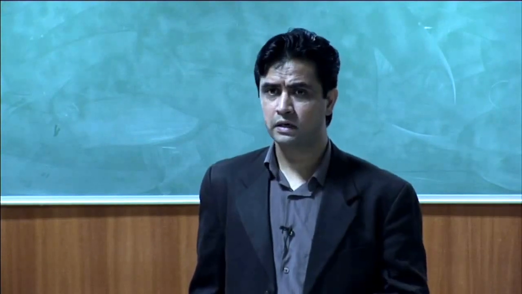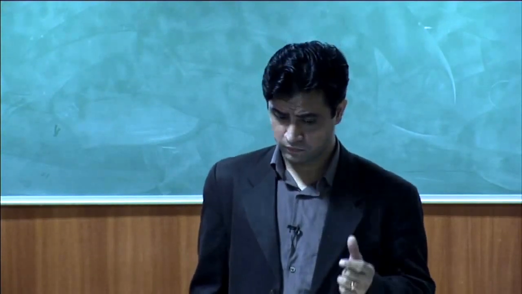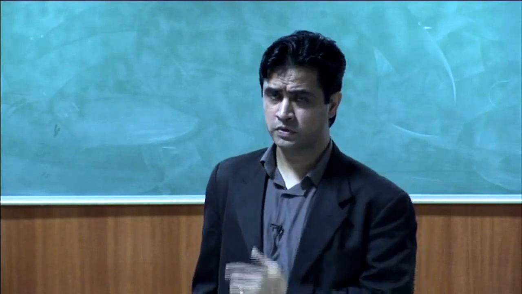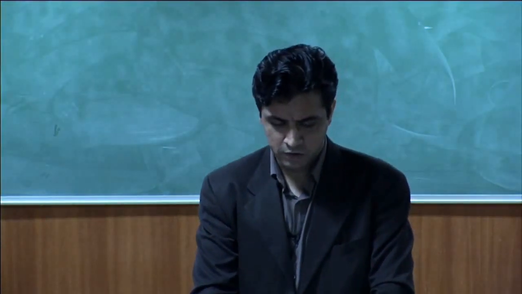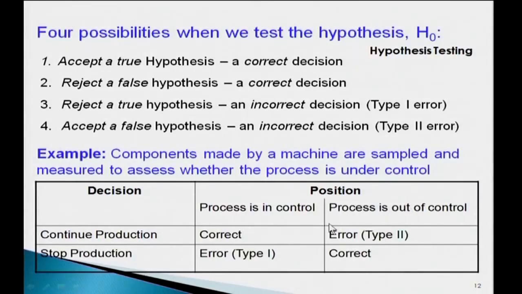If the faulty items are within the limits, he may allow the process to continue. If faulty items are more than the limit, he may stop the production. So, the situation is: process in control, process out of control, meaning the defectives are within limit or out of limit. If the defectives are within limit and he continues production, then obviously it is a correct decision.